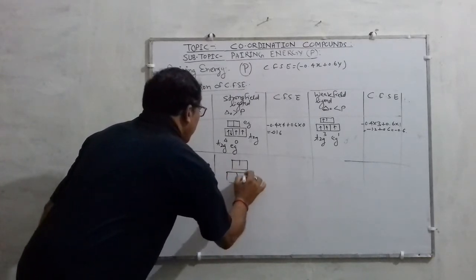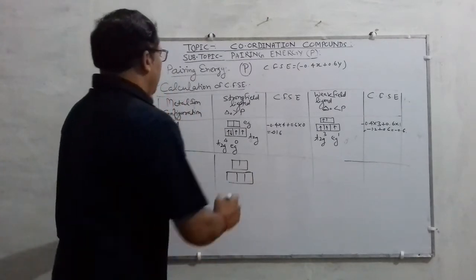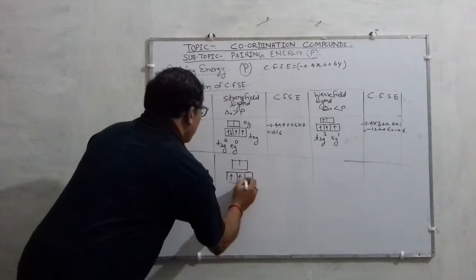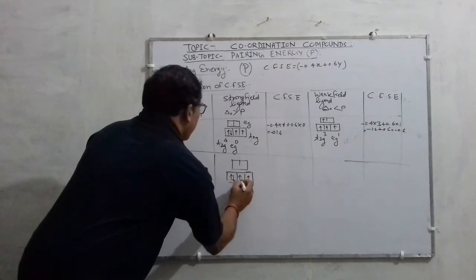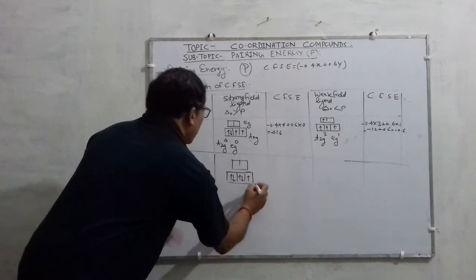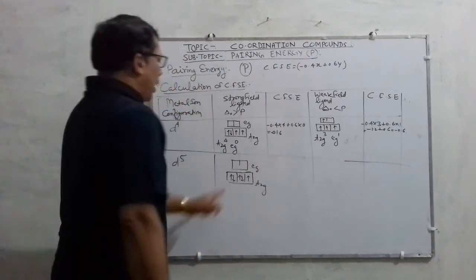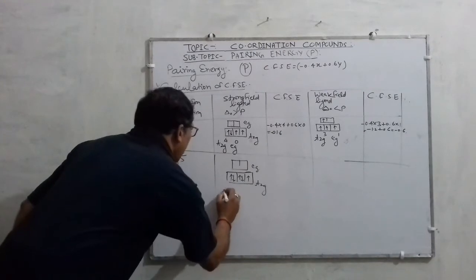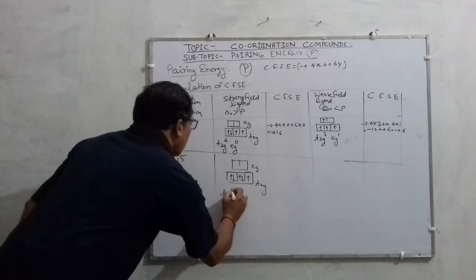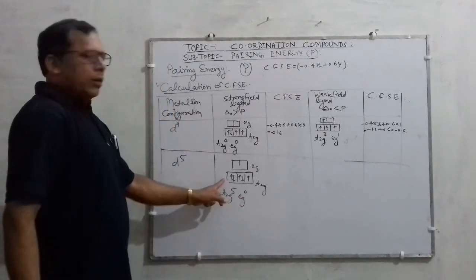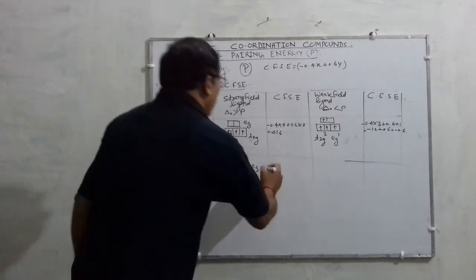So the electrons will be filled as 1, 2, 3 and this is 4 and this is 5. This is t2g and this is eg, and the electronic configuration can be written as t2g5 and eg0. This is the crucial point children, you have to know.